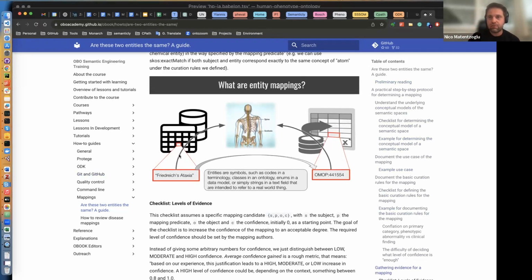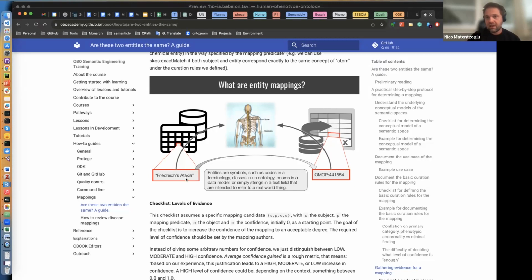What we refer to as a mapping, or more precisely an entity mapping. In our understanding, entities are symbols, like codes in a terminology, for example ICD, or classes in an ontology, or enums in a data model, or even simply strings in a text field of some database that are intended to refer to some real world thing.